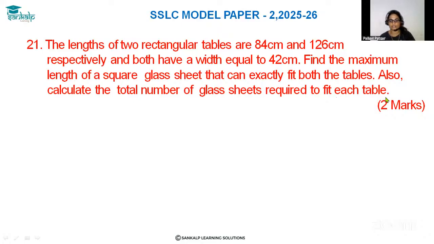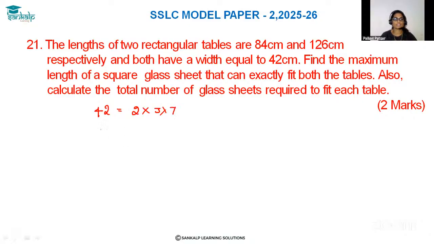Okay. So here we need to find the greatest common divisor of the dimensions involved: the lengths 84 centimeter and 126 centimeter, and the common width 42 centimeter. So the prime factorizations are: 42 is 2 into 3 into 7.